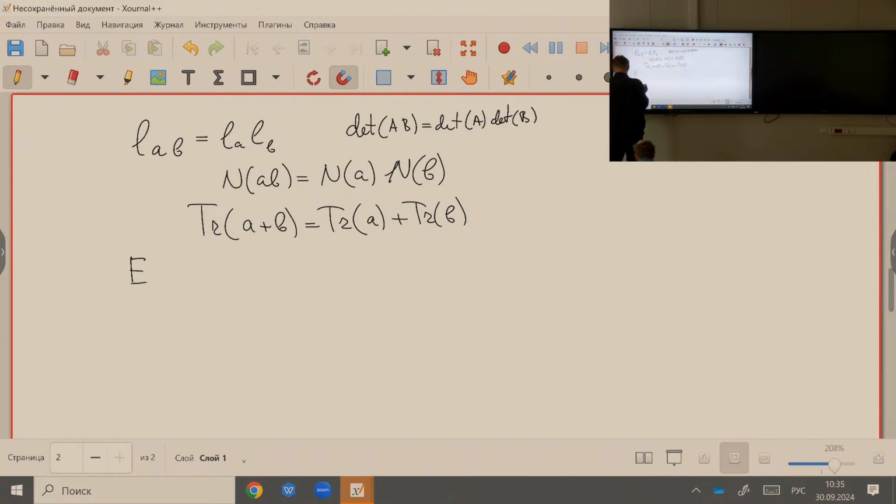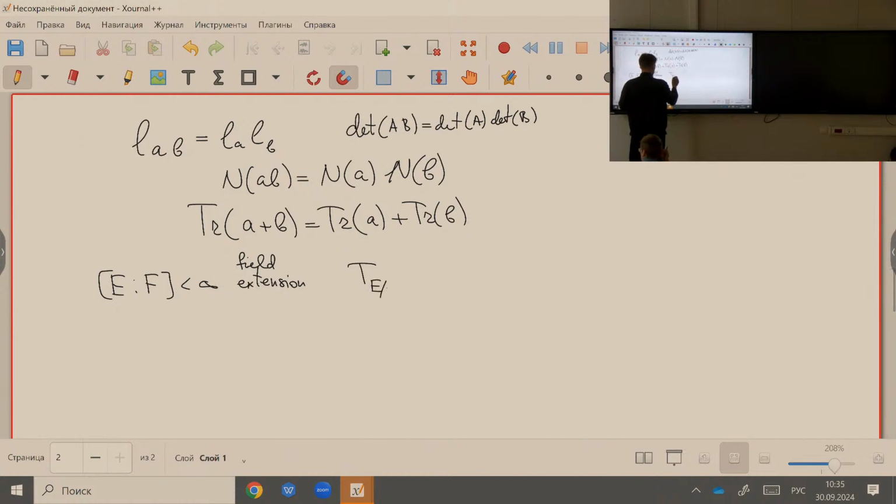When you are thinking about the trace for field extensions, if you fix a field extension E over F, then you may introduce notation where you are recording the extension in the notation for the trace.